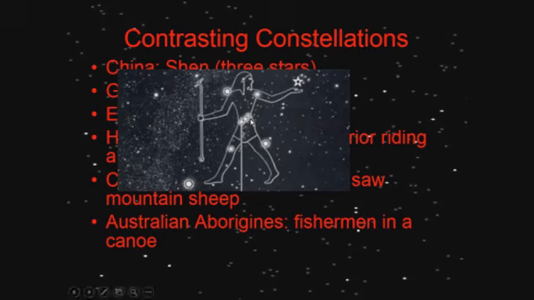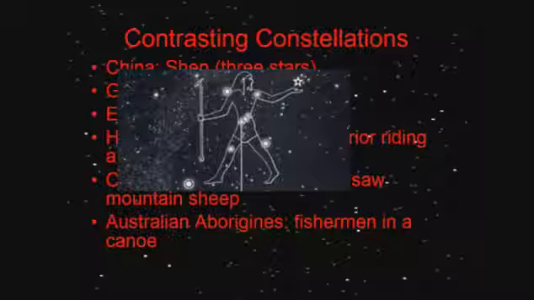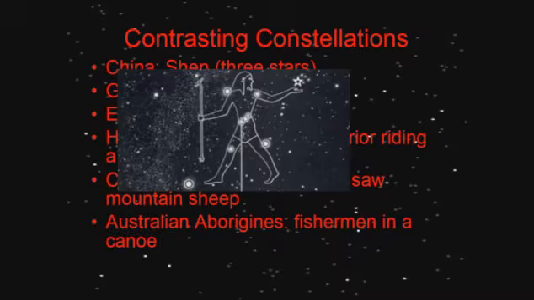So here's the 3 stars in the belt, here's his legs, very similar in respect to Orion, and that's not really surprising considering that the Greeks learned a lot of things from the Egyptians, including a lot of astronomy.